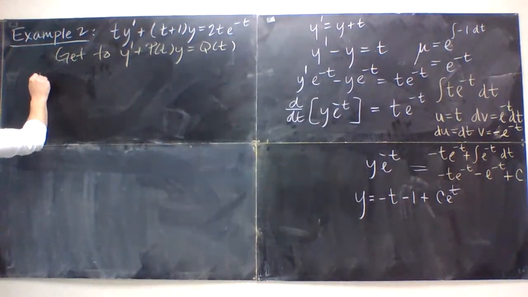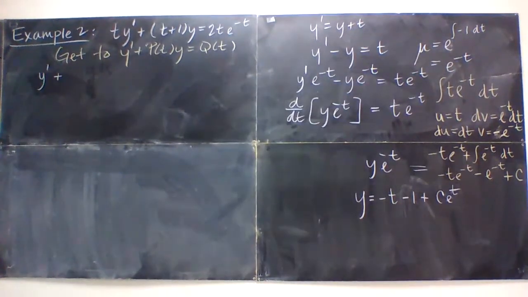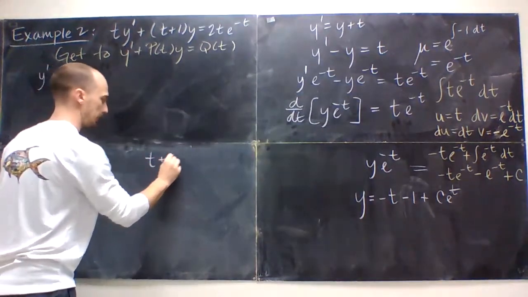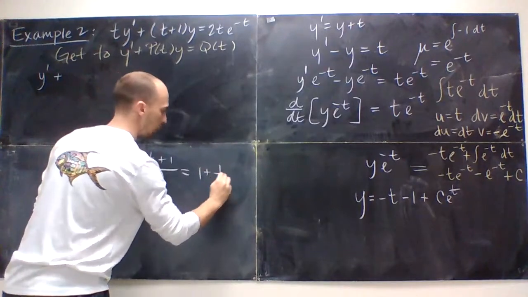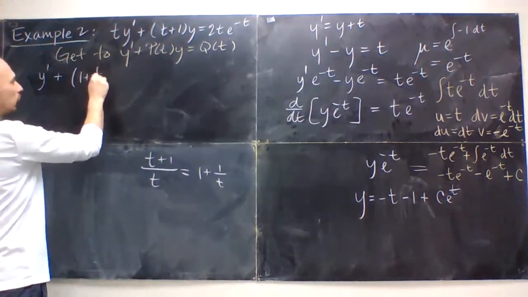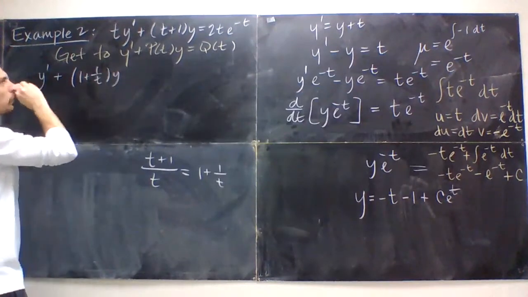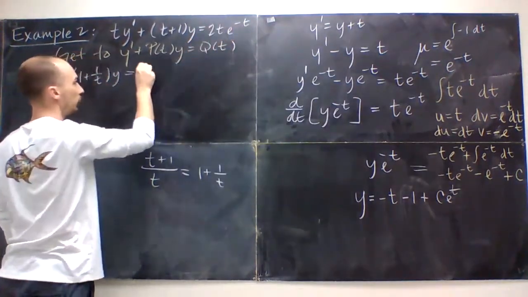So y prime plus, and when I divide t plus 1 by t, that's going to be 1 plus 1 over t. And that's going to be equal to, when I divide this by t, 2e to the negative t.